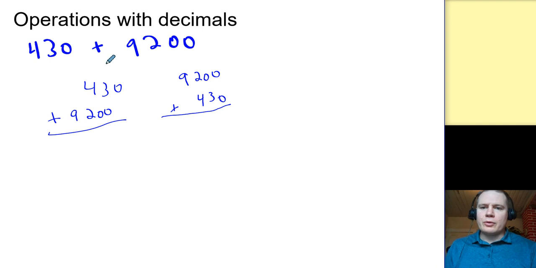But it's associative, which means I can add these hundreds to these hundreds and ignore the thousands and the tens, right? I don't have any ones for either number. I have 3 tens here, no tens here.